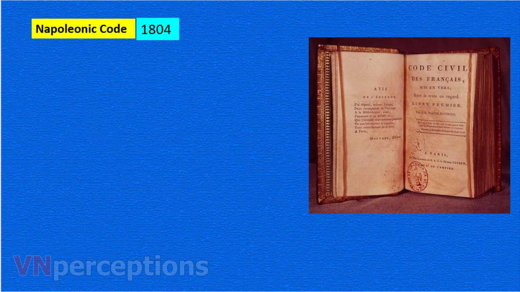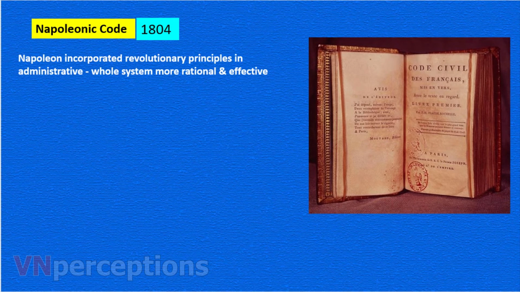It popularly came to be known as the Napoleonic Code. So, the Napoleonic Code refers to the Civil Code of 1804, which incorporated revolutionary principles in the administrative field to make the whole system more rational and effective.